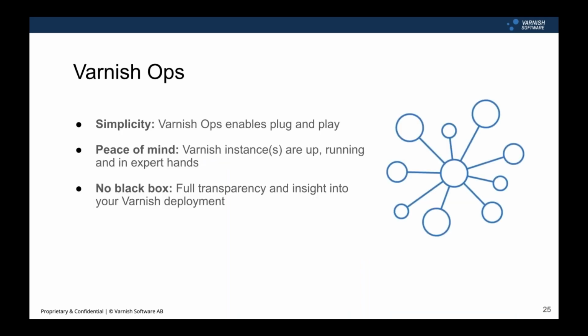So what really happens with Varnish Hubs is that you still own the hardware. So you have full access to your machine, you have full access to the Varnish configuration, you have full access to the Varnish parameters, and so on. And if you need to apply changes or if you need to debug anything, you can do it. Machines are yours. You're totally free to handle them as you prefer.